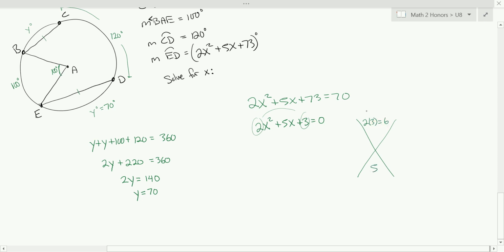And you're looking for 2 numbers that multiply to 6 and add to 5. 3 and 2. And once you find those two numbers, you're going to split up the middle term, the 5x, to 3x and 2x. So you're going to get 4 terms. So 2x squared plus 3x plus 2x plus 3 is equal to 0.